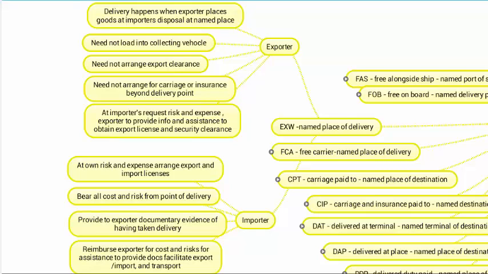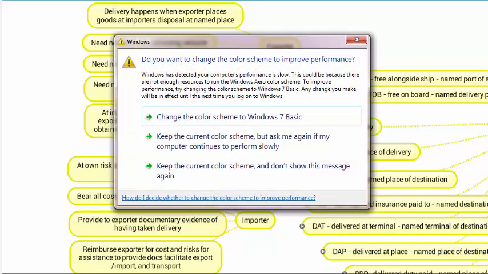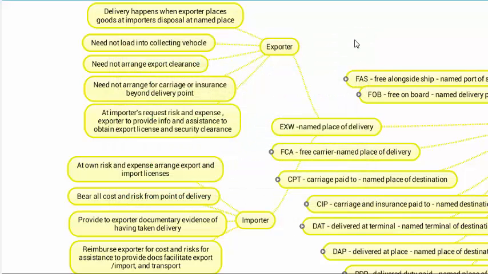If you look at the exporter's perspective, the exporter would have completed his responsibility when the exporter places the goods at the importer's disposal at the named place. So if you are placing the goods at your factory gate number 4, the moment you give notice that you will place the goods on 1st January 2015, afternoon 3 o'clock, then at that point in time the importer has to arrange to take delivery of goods.